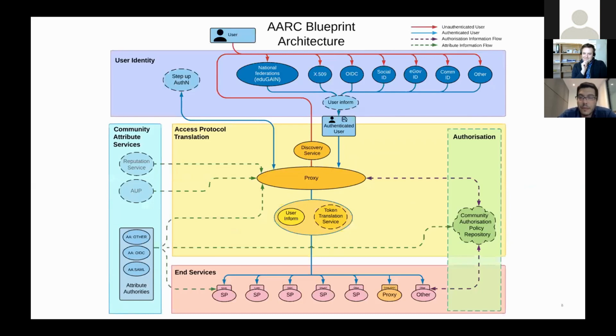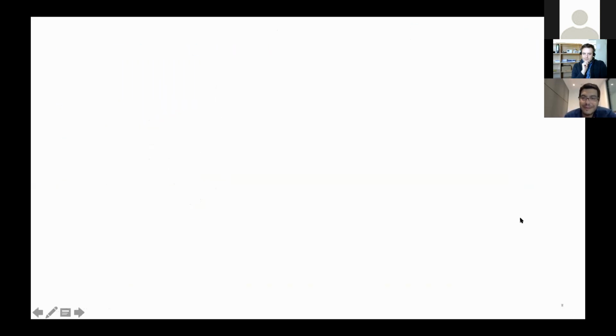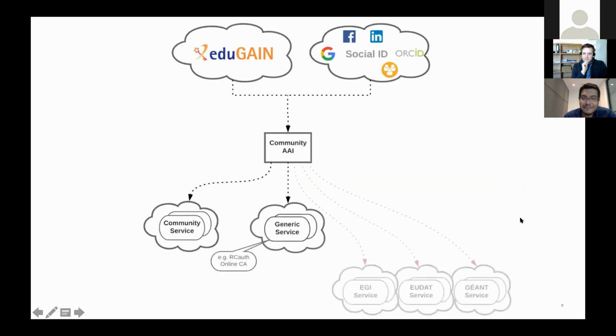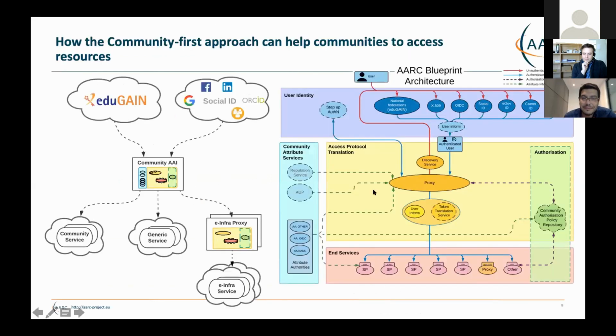Okay. And then on the other channel, on the Q&A channel, Pal asks about the community AAI. It seems to be the spider in the net that registers and handles user information, including groups and authorization, and whether this is in line with GDPR, basically.